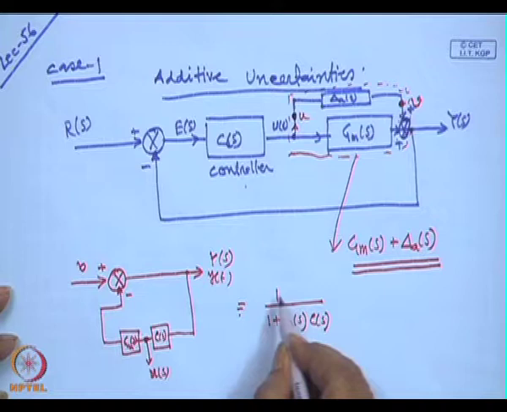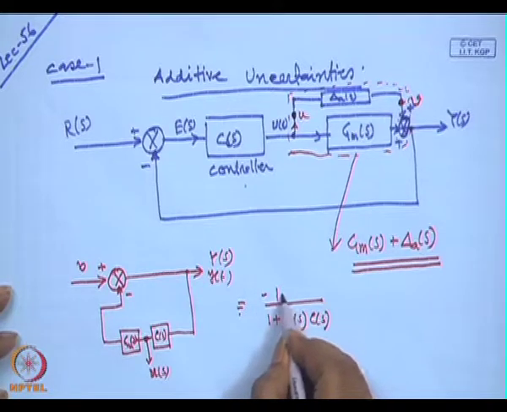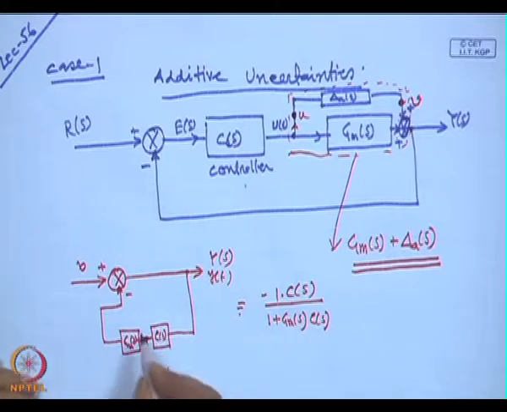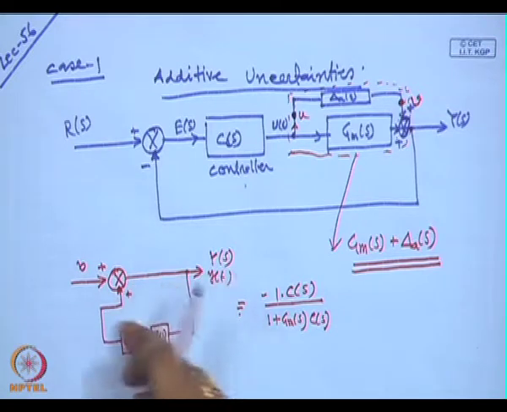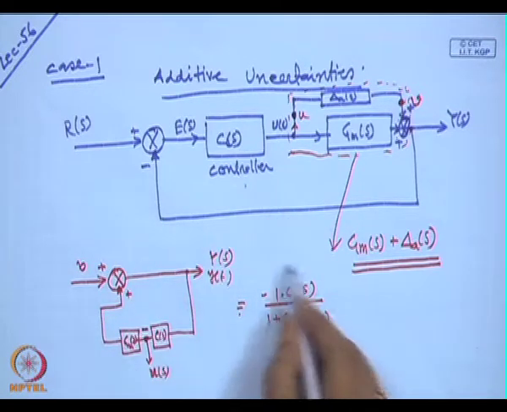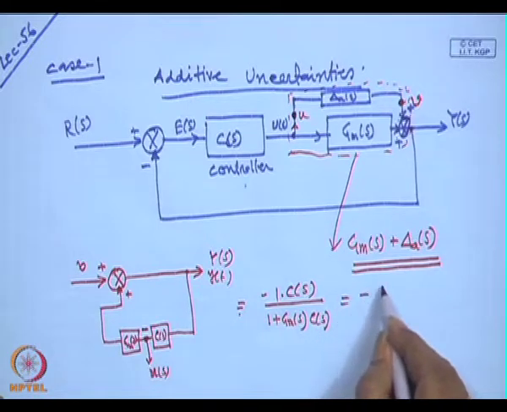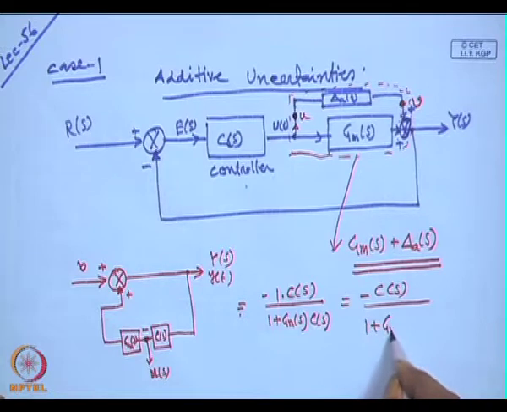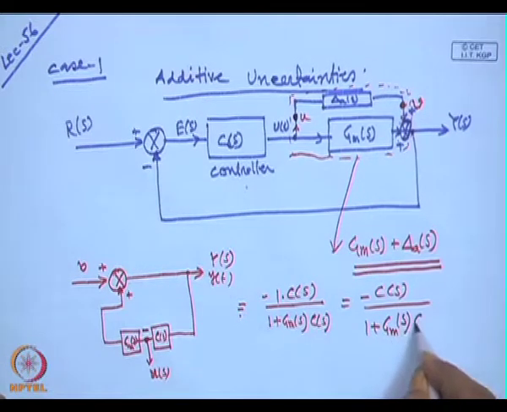So, it will be a minus 1 into C of S. Effectively it is a negative feedback. So, this is the transfer function which is minus C of S by 1 plus G m of S into C of S.